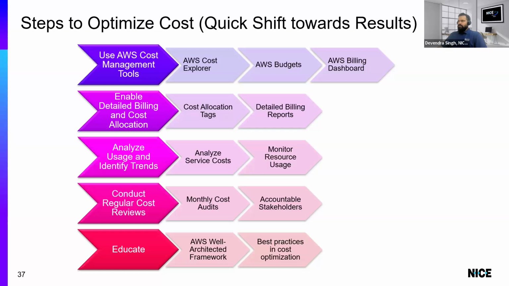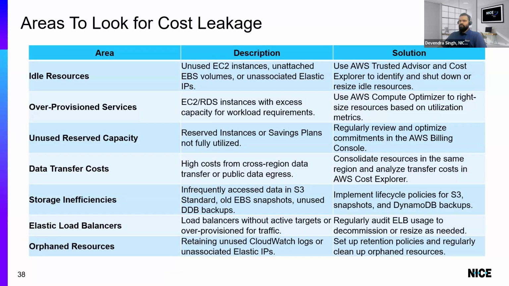And these are some other areas where we can look for potential cost leakage, for those who are working at the implementation level, to ensure that they are aware of where inefficiencies or unnecessary spending may occur.